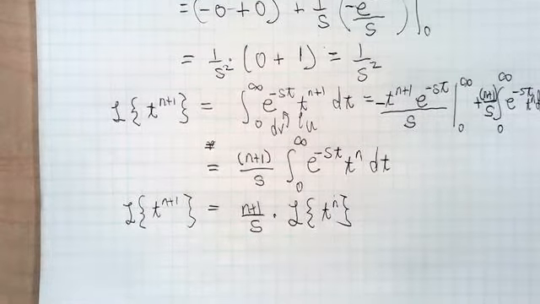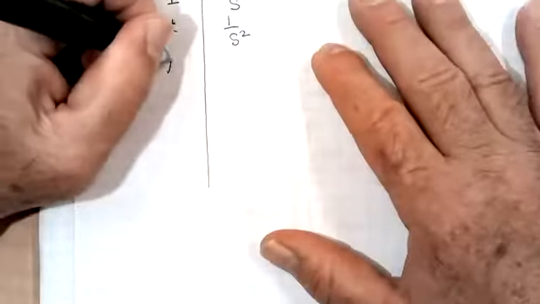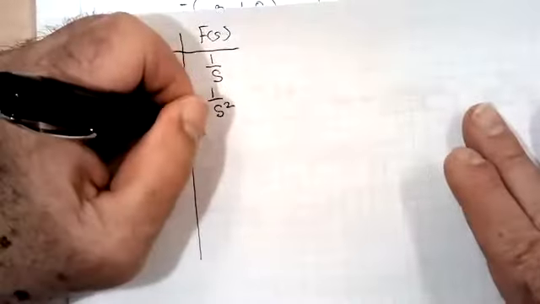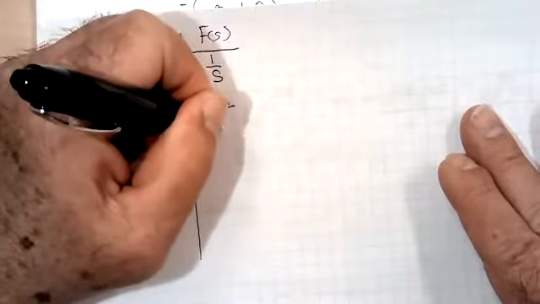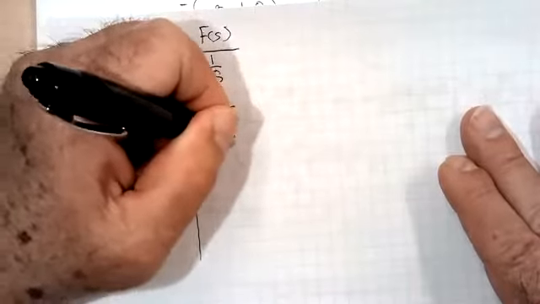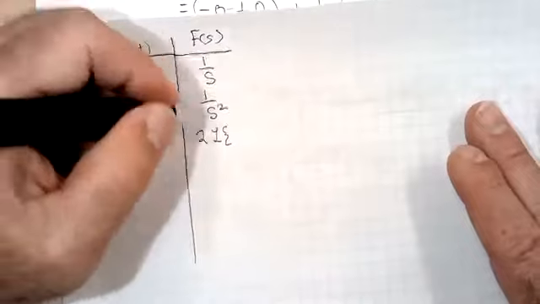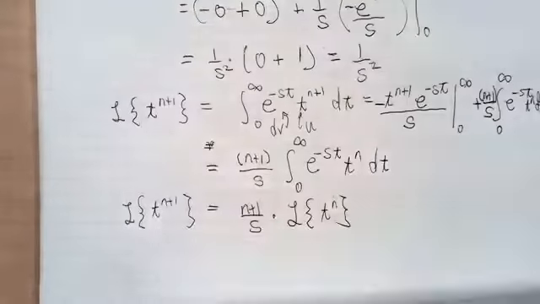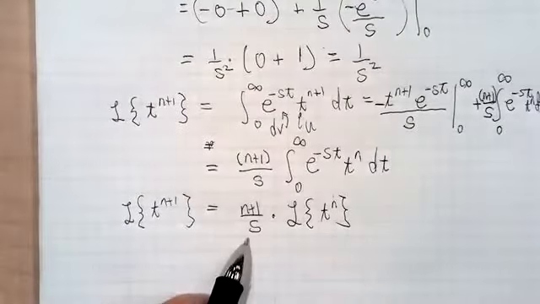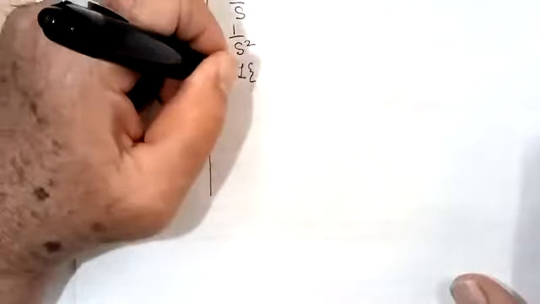Okay, so I think we are ready to make some conclusions. What will happen then with t squared? Well, according to this formula, it should be 2 times the transform of t. Whoops, I got that wrong. It's 2 over s times the transform of t.